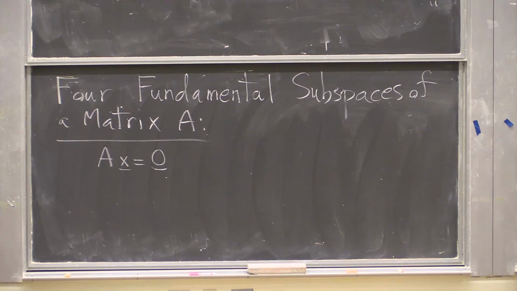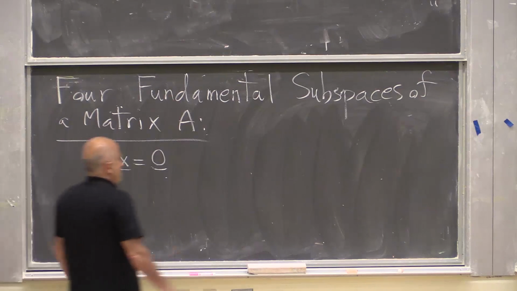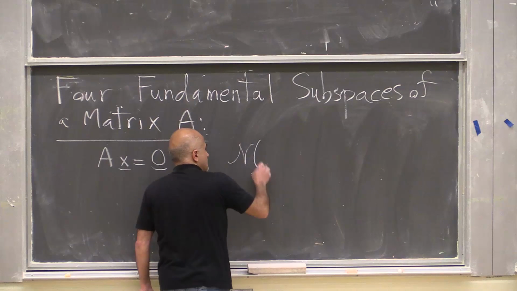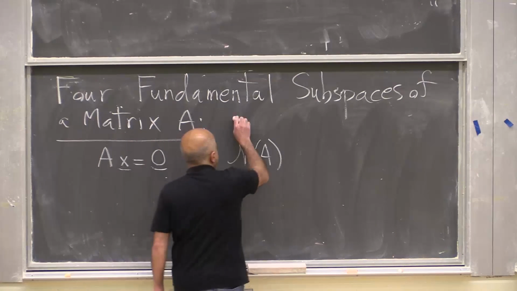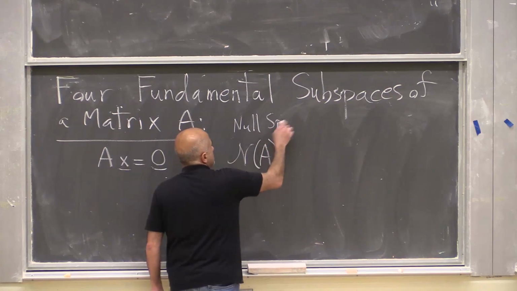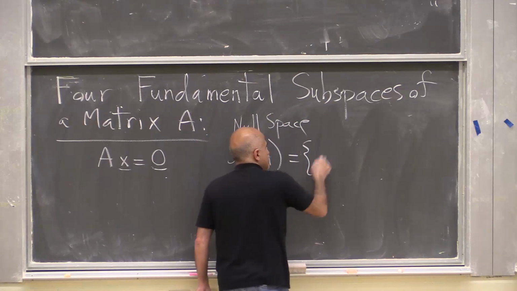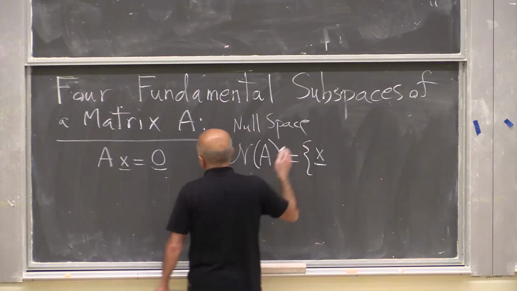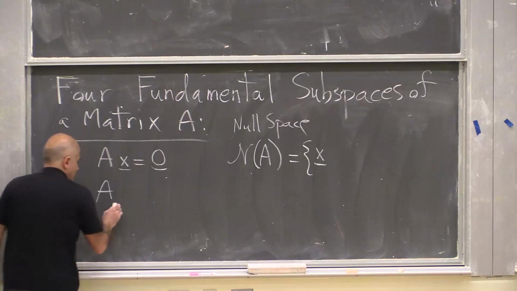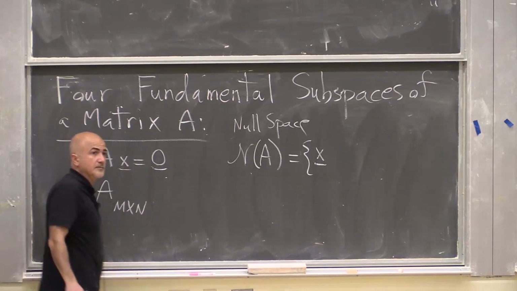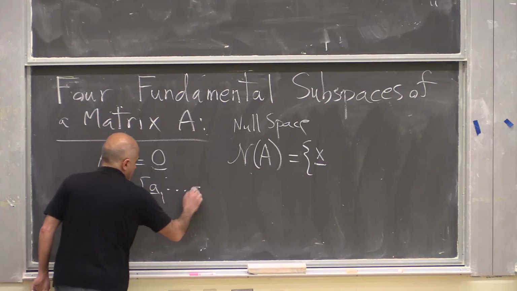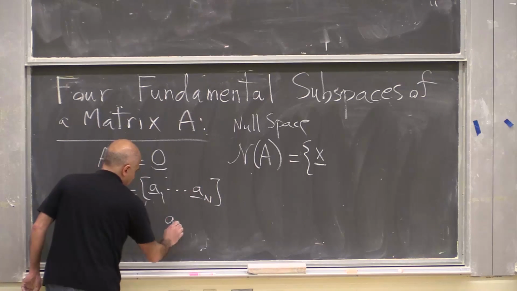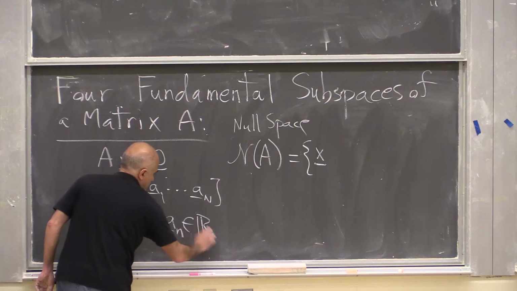When you multiply a matrix by a vector x, and you get the 0 vector. So there is this space associated with any matrix called the null space of A, which is the set of all vectors in, let's say, A is m by n. So it's got n columns, and each of these is in Rm.